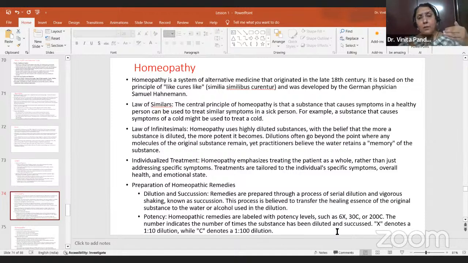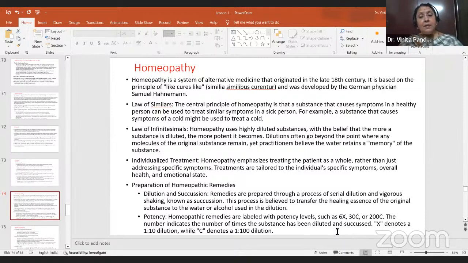The more the medicine is diluted and the more vigorously it is shaken, this process is believed to transfer the healing essence of the original substance to the water or alcohol used in the dilution. People who might have taken homeopathic medicines, you might have felt a strong, pungent feel, right? That is because of the alcoholic presence in the medicine.